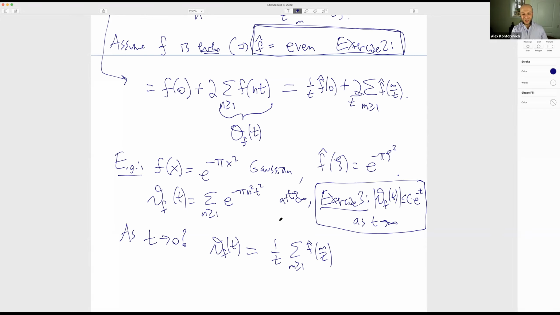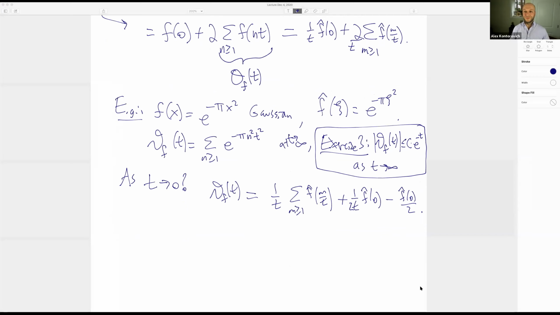So that's the same behavior as we had here. And then plus 1 over t f hat at 0, and then minus f of 0 over 2. Does that make sense? That's just an identity that holds for all t. You mean f of 0 over 2. I'm sorry, thank you. f of 0, no hat here. Thanks. Does that make sense?